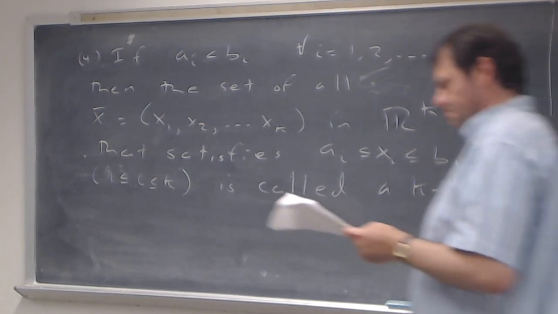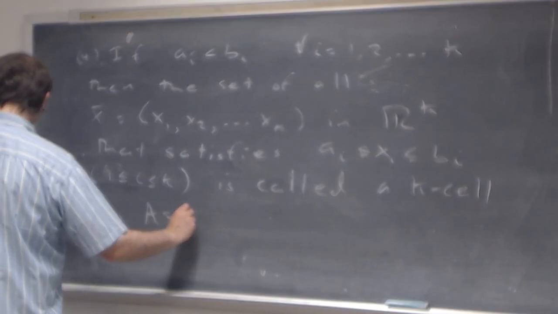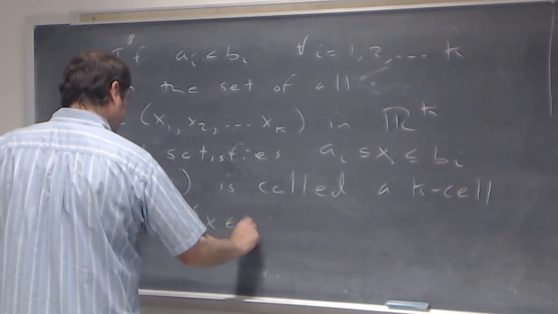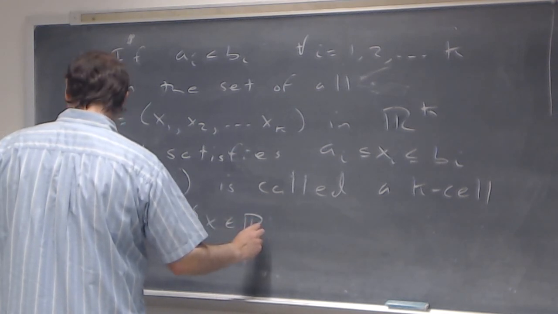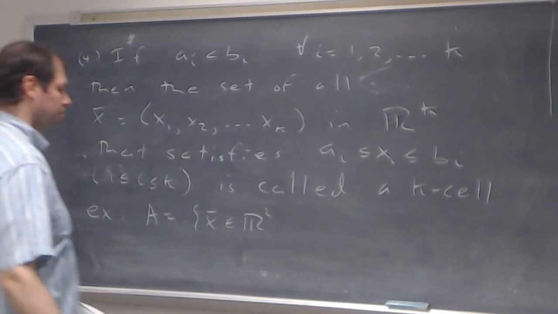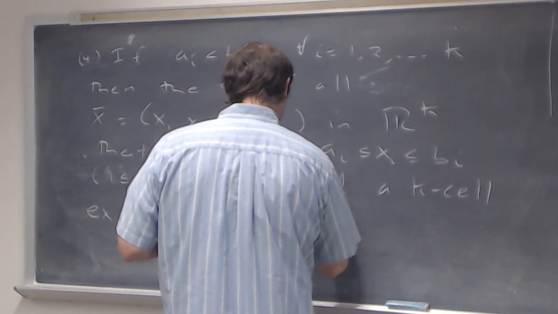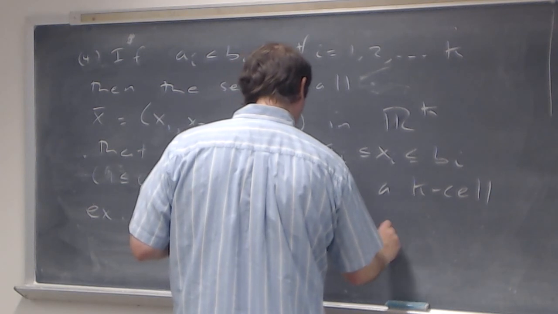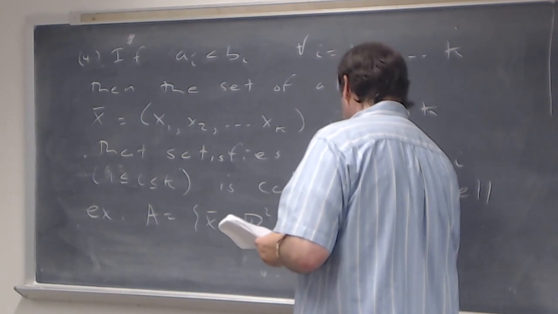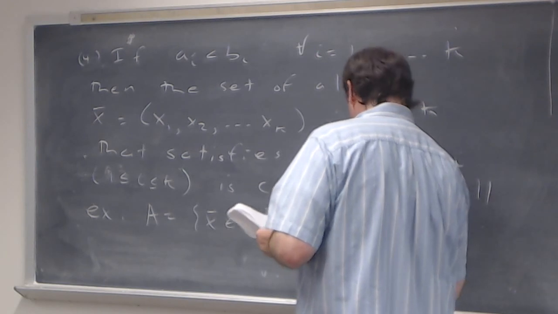Okay, so as an example, if we look at A equaling the set of x in R^2 such that 0 is less than or equal to x1 is less than or equal to 1, and 0 is less than x2, which is less than or equal to 3.